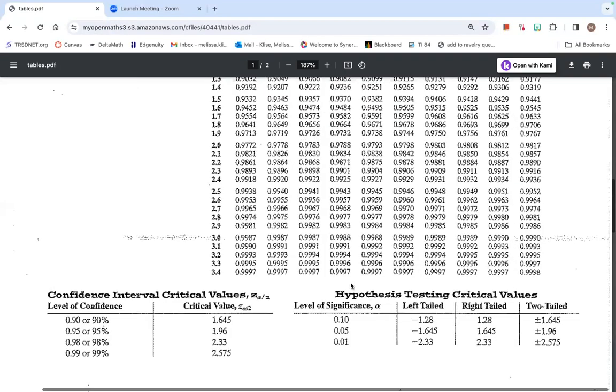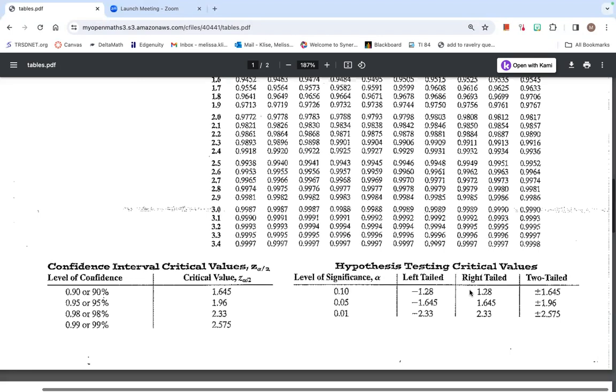So on the right, we have hypothesis testing critical values. It only gives a few to us, but we do have 0.05. And so if we have a left-tailed test, it shows it's negative. So every time you have a left-tailed test, your critical value will be negative every single time.